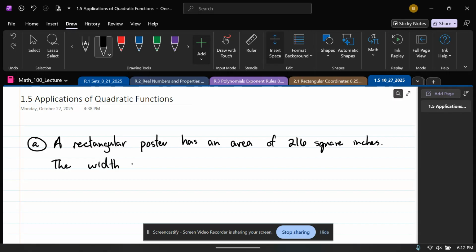The width is 6 less than the length. Find the dimensions of the poster.